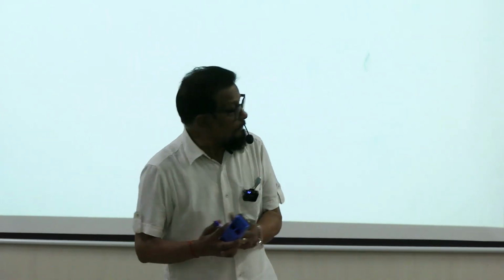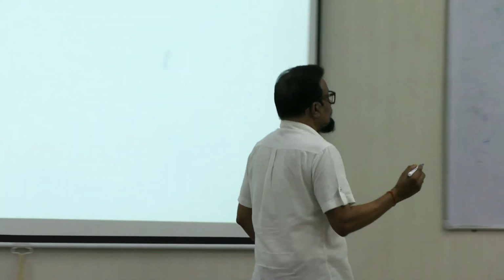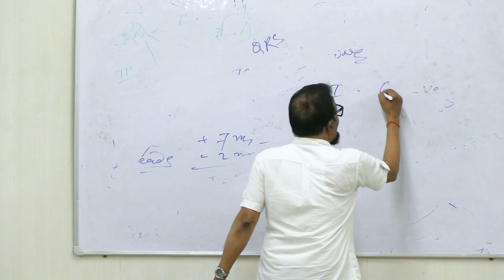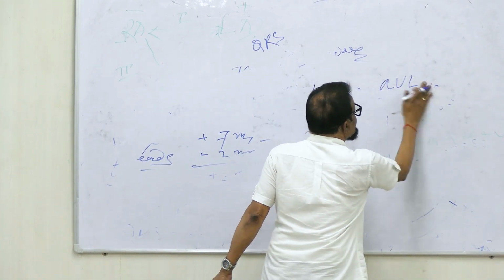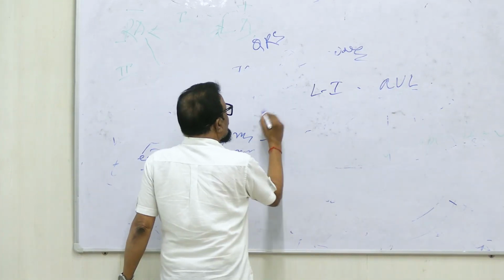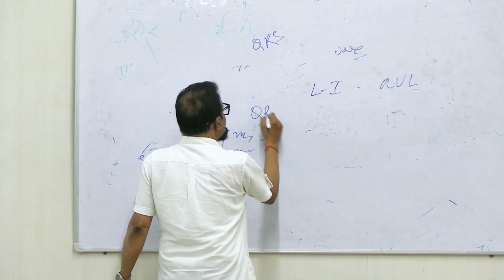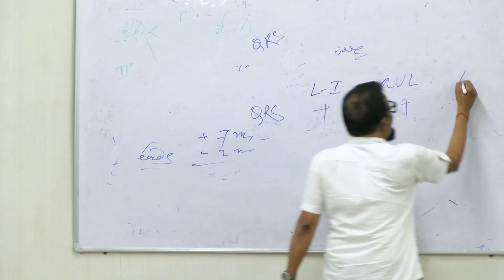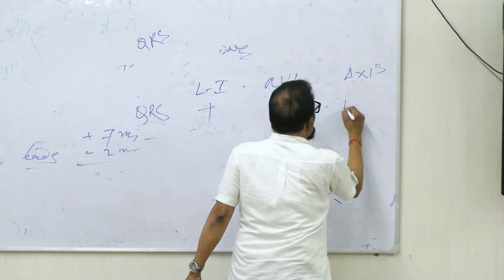So the first condition: lead 1 and aVF, if QRS is positive here, the axis is normal.